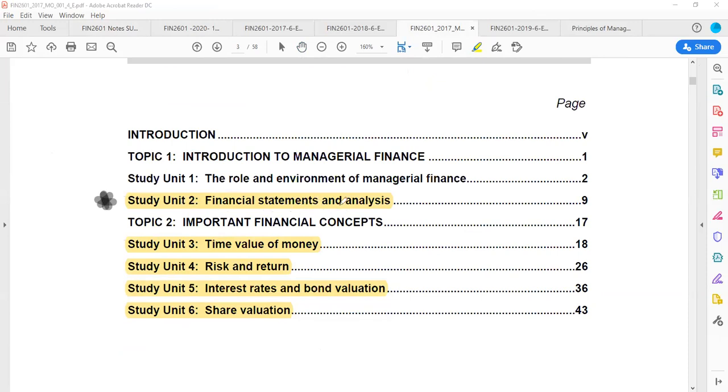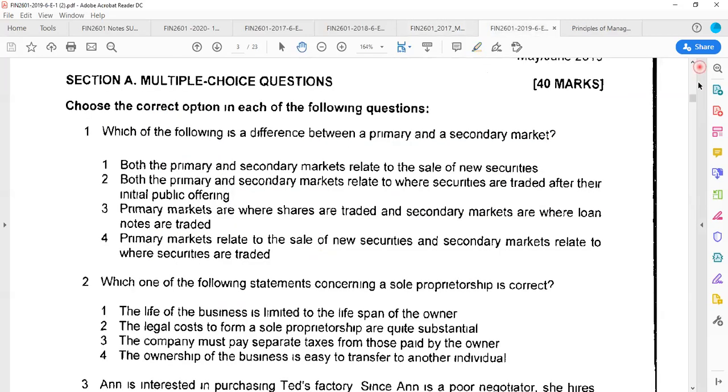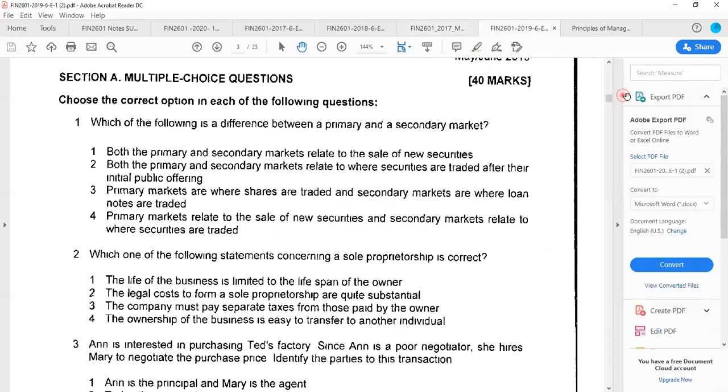I'll be able to go through all this unit today, and then in the next video, you'll go through time value of money, maybe through 2 videos, interest rates and bond valuation and so forth, right? And you'll notice that financial statements and analysis consists of a large percentage of the exam.